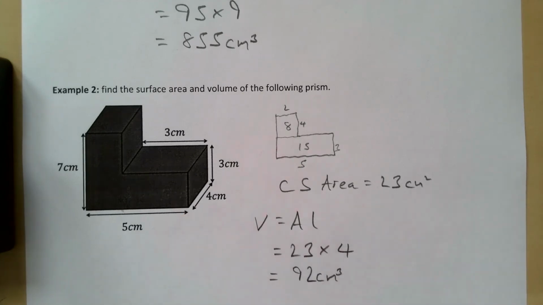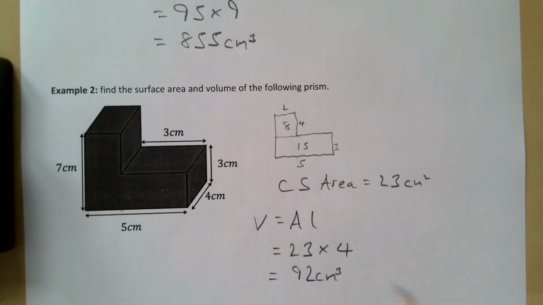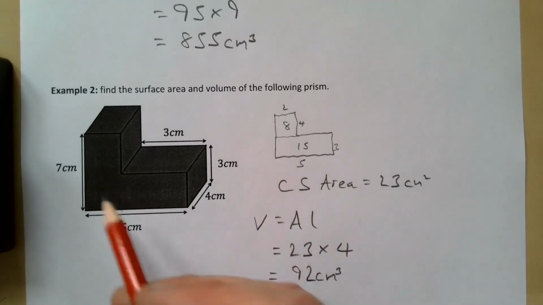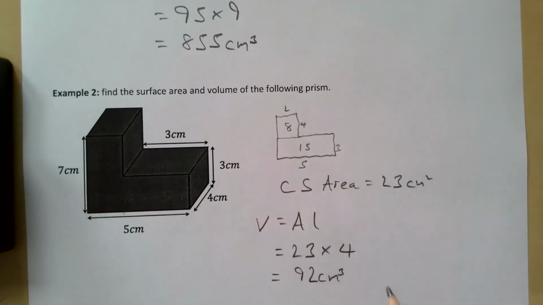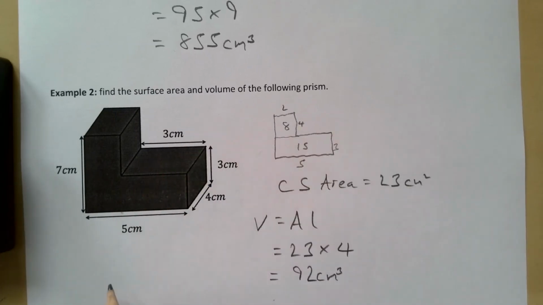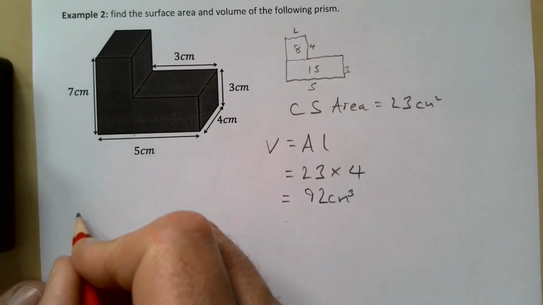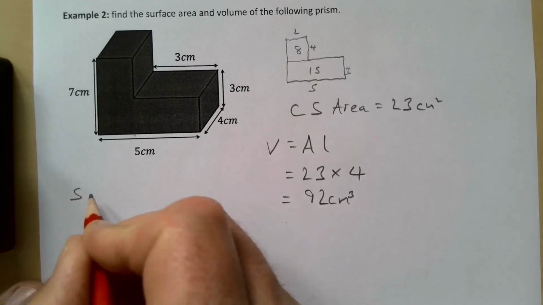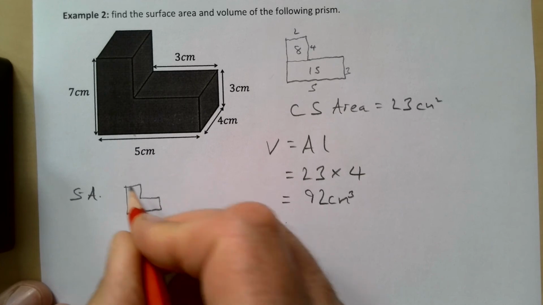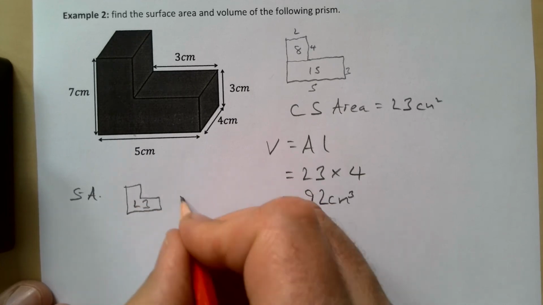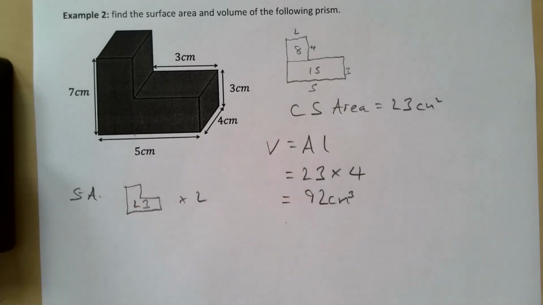This one then I'm just going to work my way around and see if we can work it out. So we have this here, which is 23 and then 23. So these two faces are 23 and 23. So if we're doing surface area, that's 23, and we're timesing that by 2.